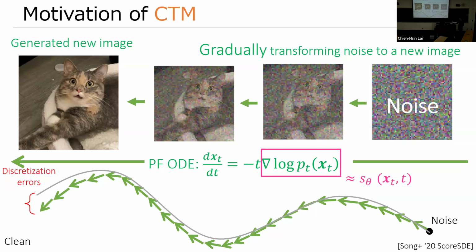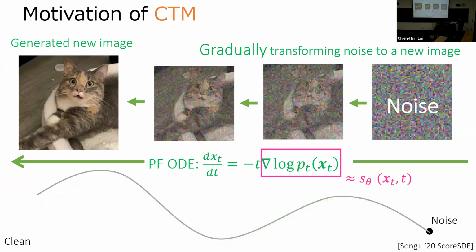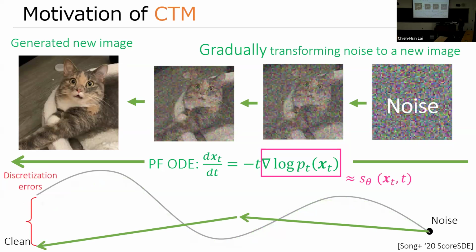However, if you naively do this kind of long jump, the quality will be terrible, because the approximation of the trajectory is not accurate, right? So for the diffusion model itself, the slow generation is by its nature, because it is the same as ODE solving.